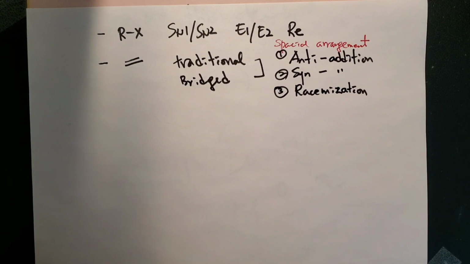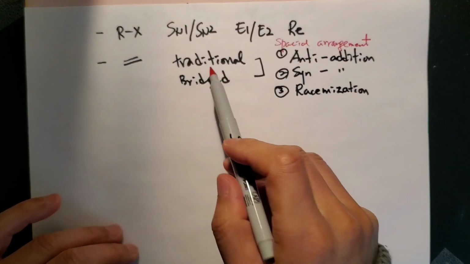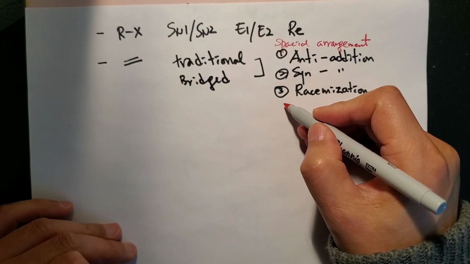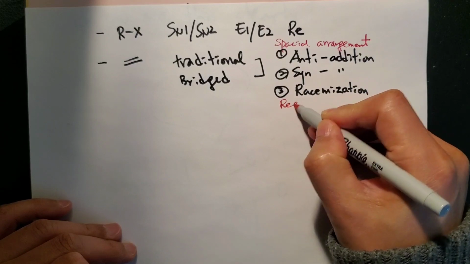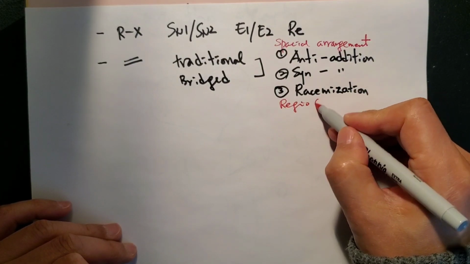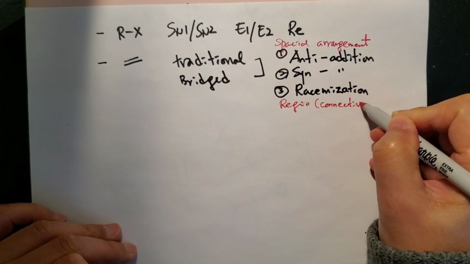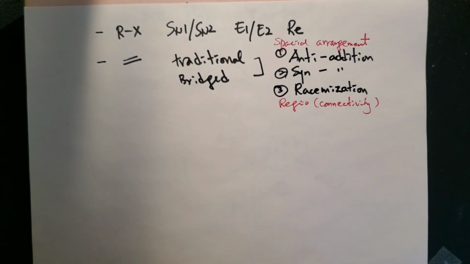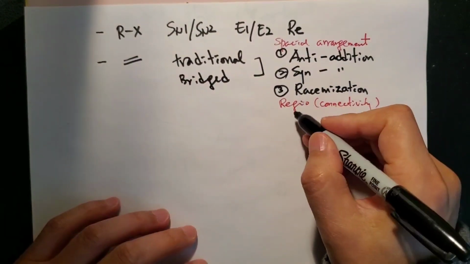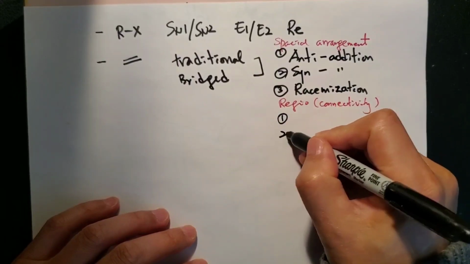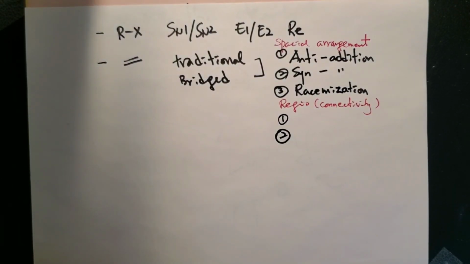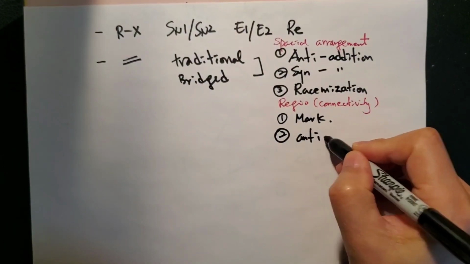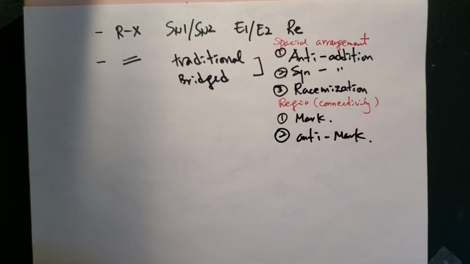But we also need to remember that each reaction through proper mechanism, traditional and bridges, in terms of connectivity. So regio. And there you have Markovnikov or anti-Markovnikov reactions.